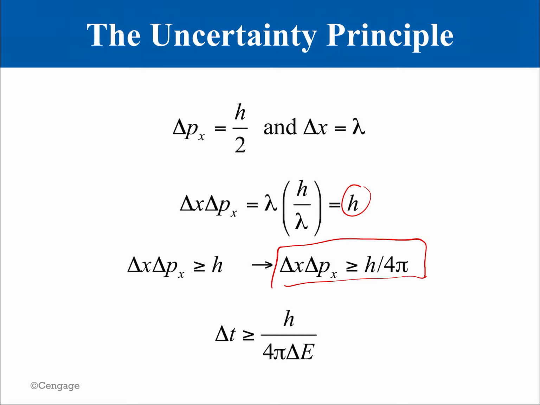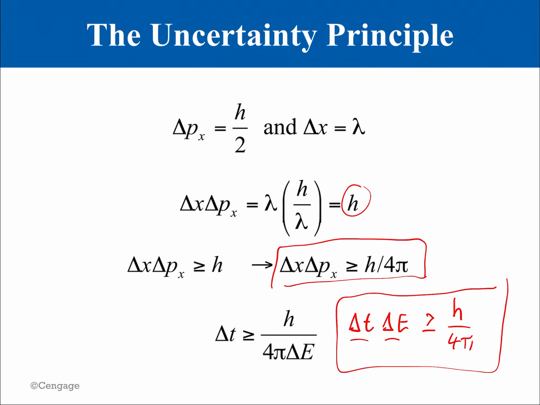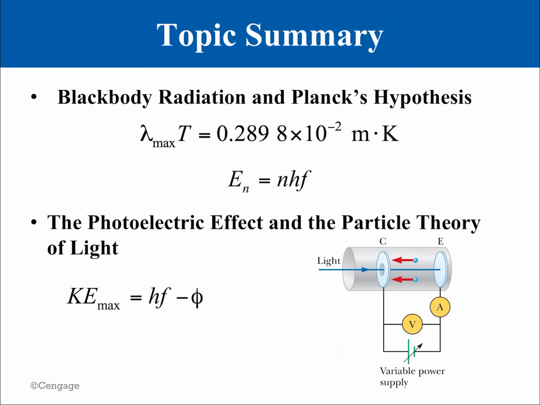And this applies to not just position and momentum, but also time and energy. So we could set up a similar inequality that tells us that the uncertainty in time multiplied by the uncertainty in energy is also always going to be greater than or equal to h over 4 pi. Okay, so those are the two uncertainty equations.